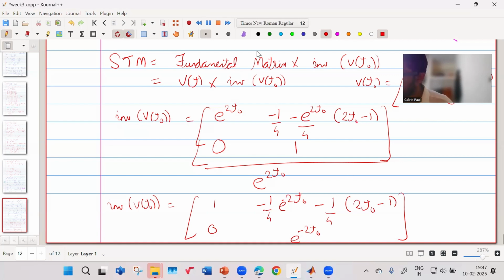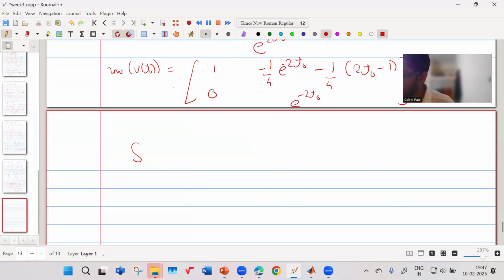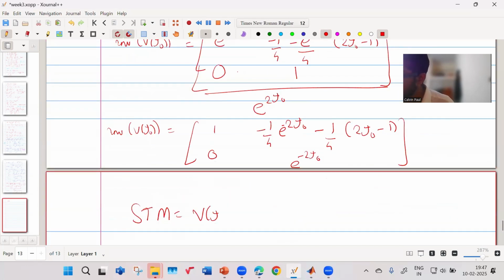Okay. So now, what is the state transition matrix? The state transition matrix is v of t into the inverse of v of t0, right? So what is our v of t?